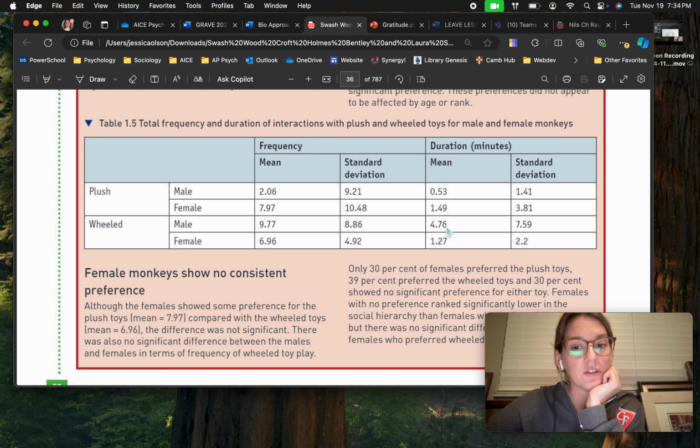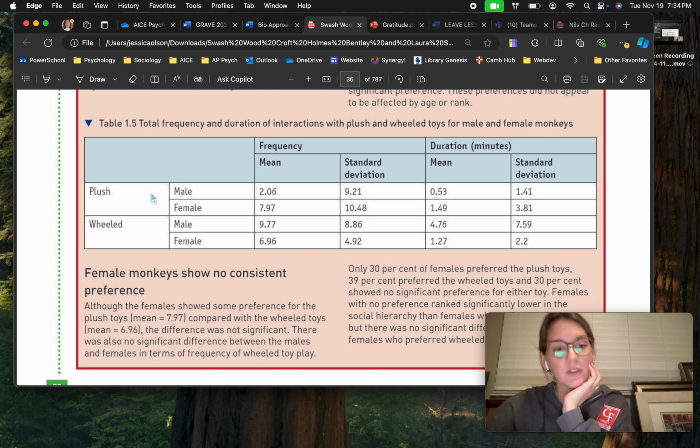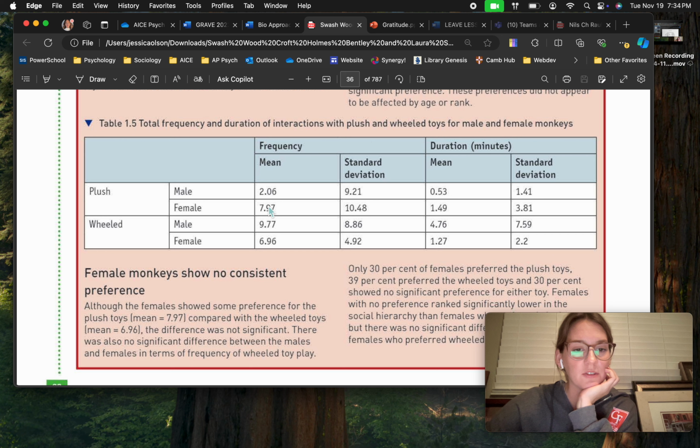And then they also spent more time overall with the wheeled toys than the females, and that's statistically significant. For the plush toys, the little stuffed animals, the females did spend significantly more time with the plush toys than the males. And then slightly more time with the plush toys than the males did.